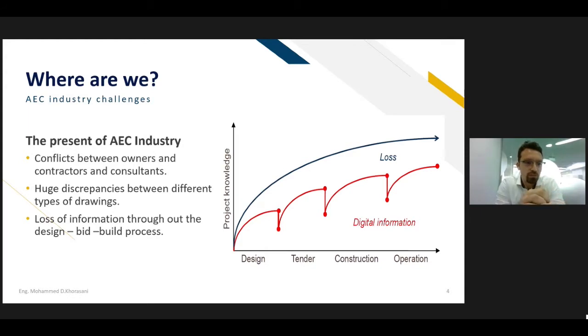And if we talk about the conflicts between contractors and consultants, contractors and owners or developers, this type of conflict always arises because of the loss of information which happens when we move from one stage of the design to another.